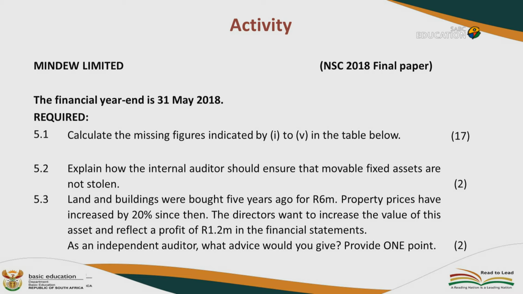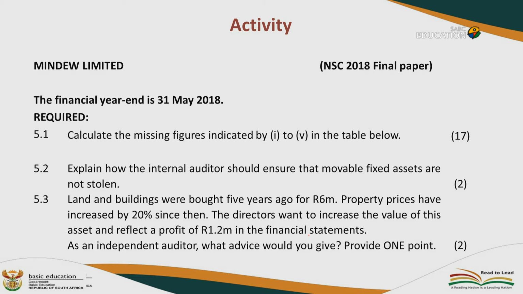And if you check your 5.2, already it has been addressed in our previous slides. I want us to look at the question. This is extracted from the books of Mind You Limited, and their financial year ends on 31st May 2018, which tells us that the year began on the 1st of June in 2017.